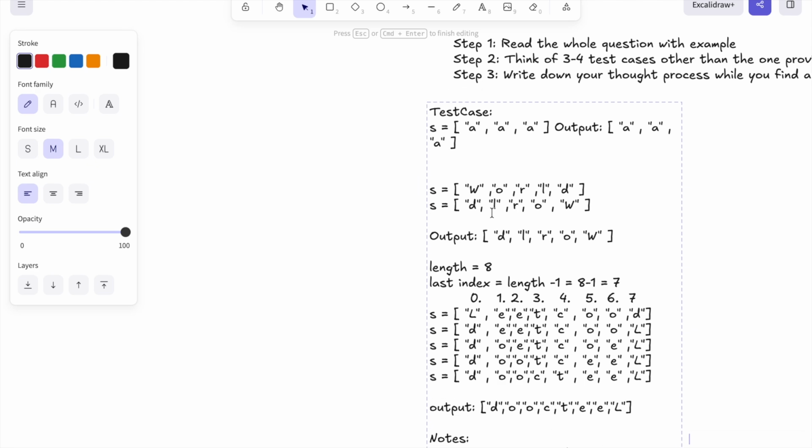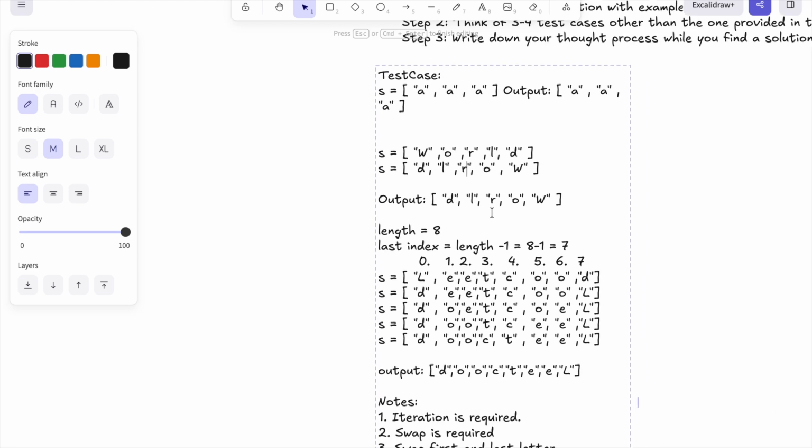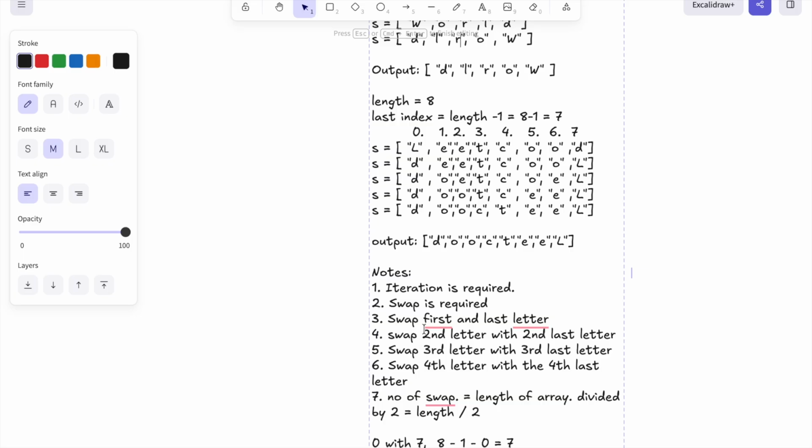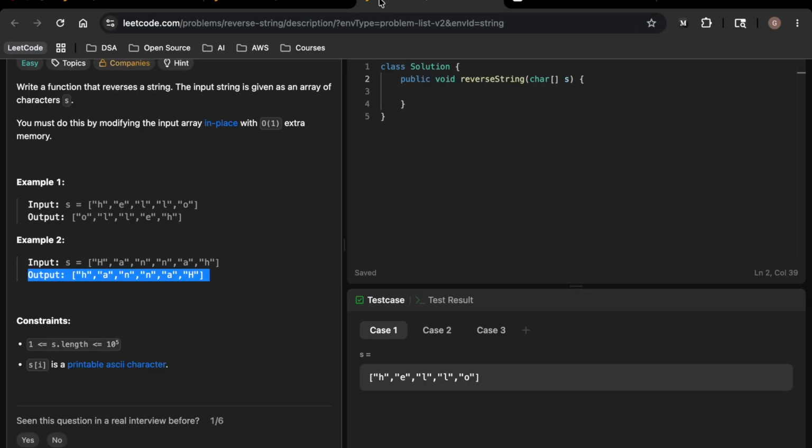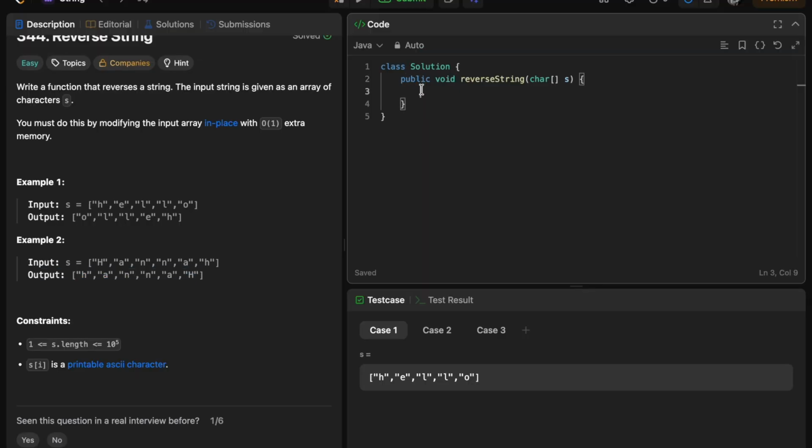So let's do the coding for this, because now we know what we need to do and how many swaps we need to do, and we know the base condition on which we need to eliminate the loop. So here what we need to do is run a for loop up to the array length by 2.